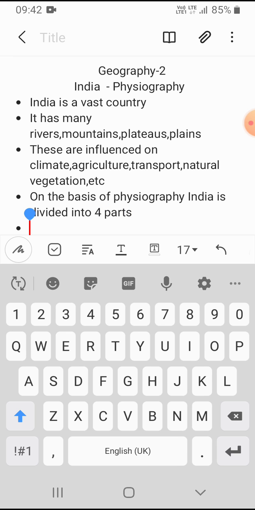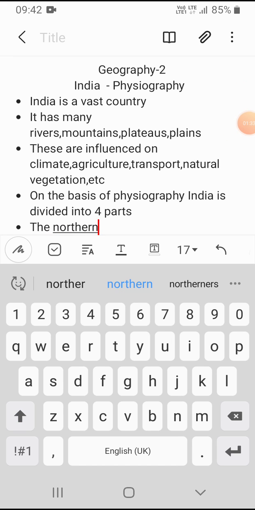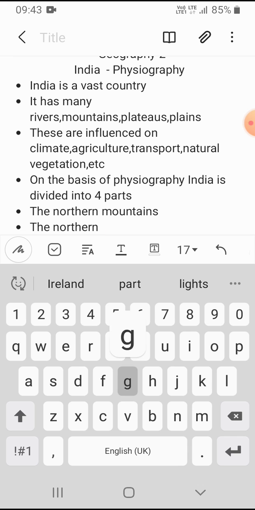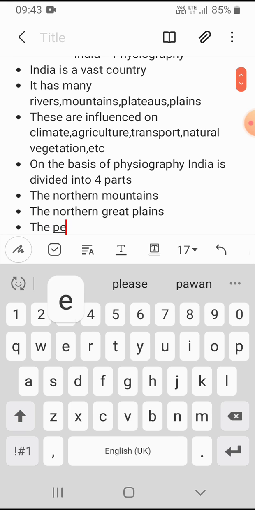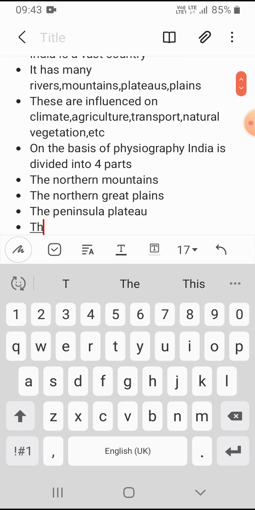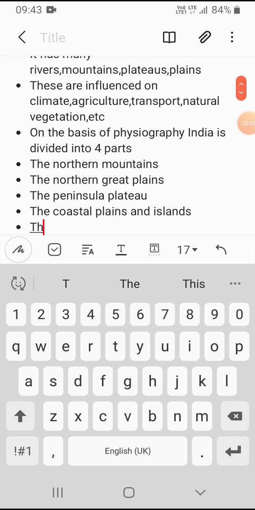The first is the northern mountains, then the northern Great Plains, the peninsular plateau, the coastal plains, and the islands. So let's first know about the northern mountains.